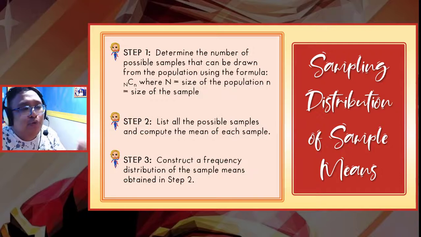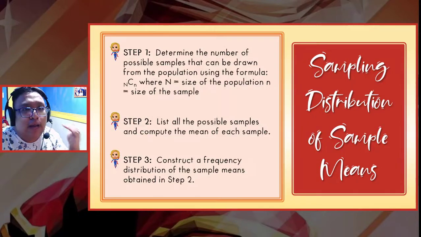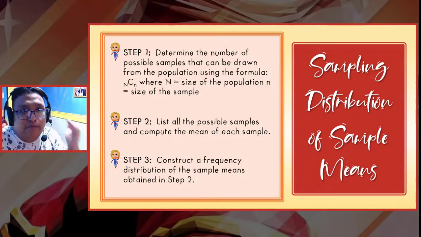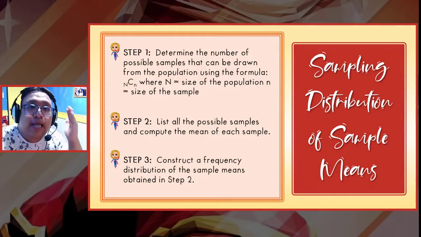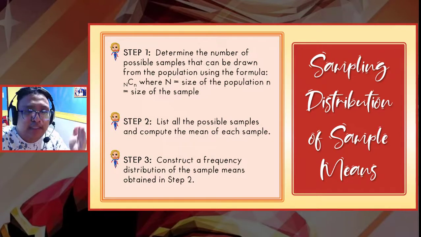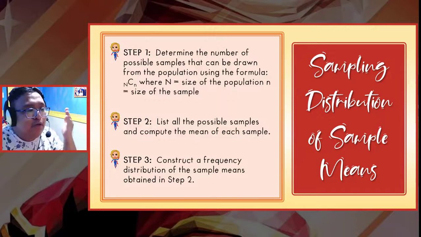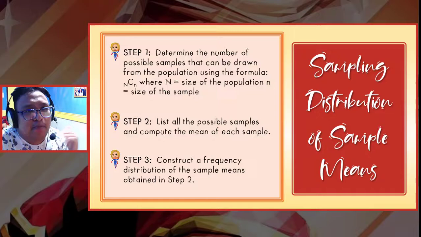And for step number 2, you're going to list all the possible samples and then you compute for the mean of each sample. Remember, that mean or those means are the most important part of a sampling distribution of sample means. And then afterwards, you're going to construct a frequency distribution of the sample means obtained in step number 2.